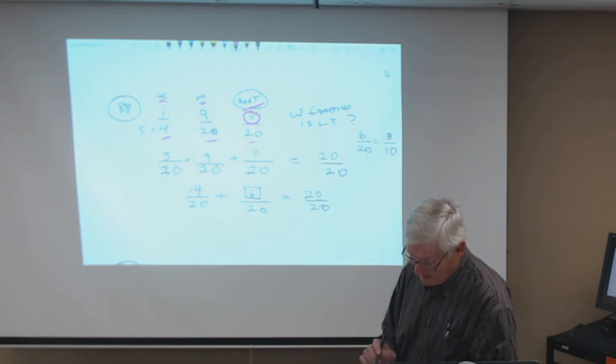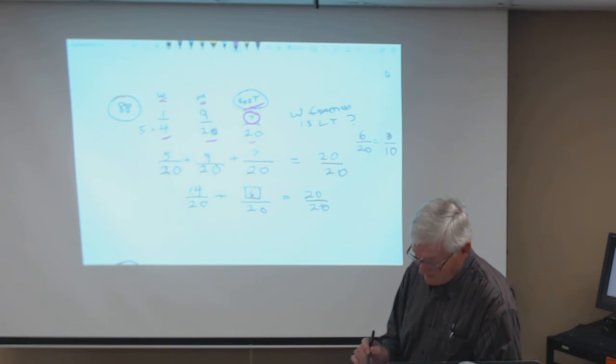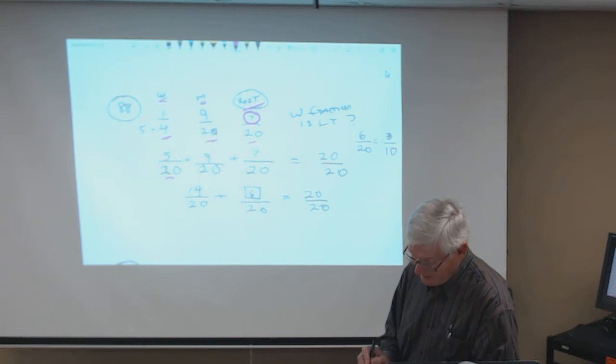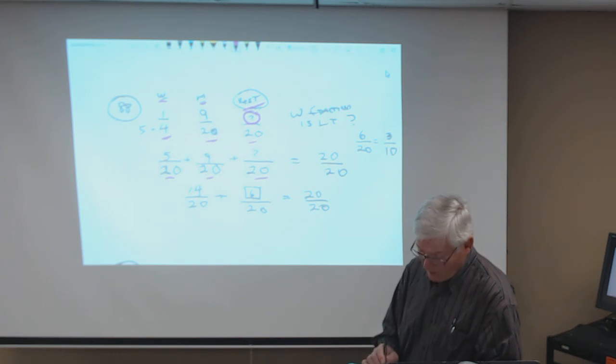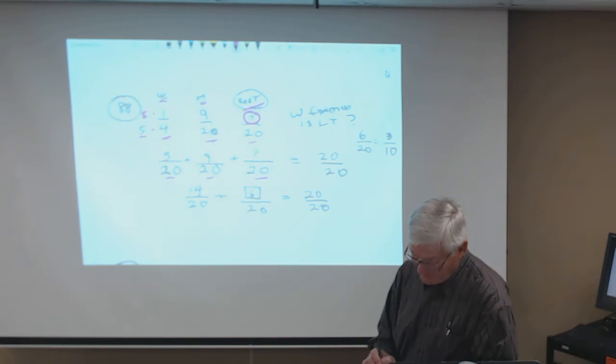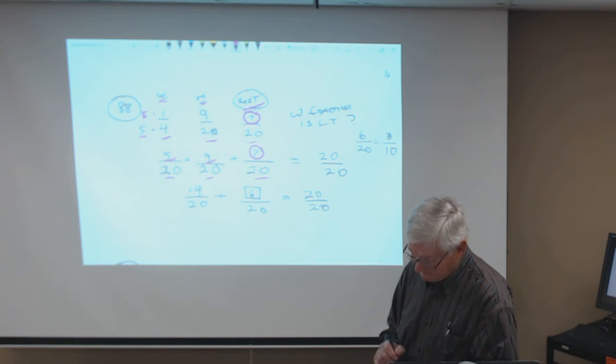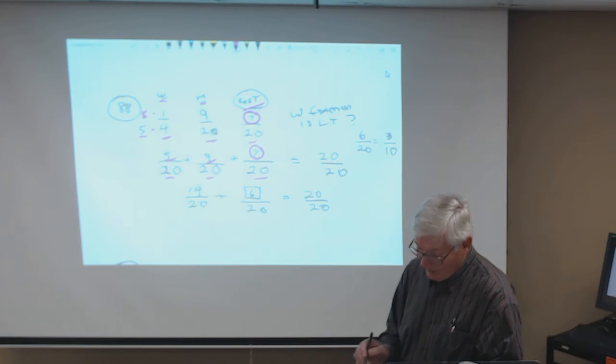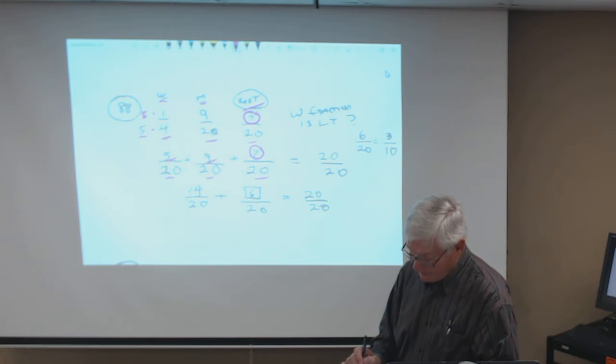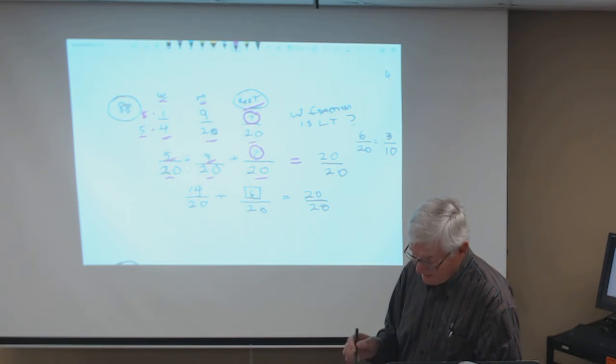Because what's my common denominator for 4 and 20? 20. So I put 20, 20, and 20. And 1/4 times 5 would be 5/20. 9/20 would be 9/20. And then this would be question mark over 20. And all of that added together would equal the whole thing, and the whole thing would be 20/20.